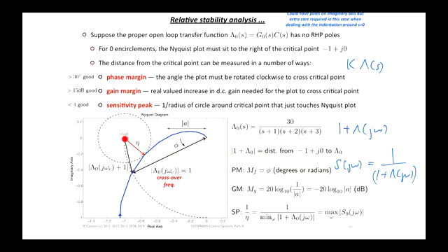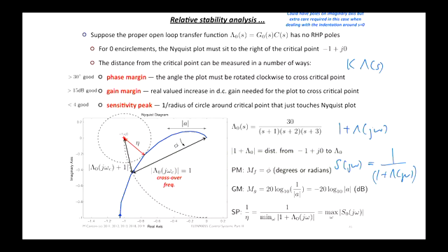So this little vector from -1 to here is 1 plus lambda at the corresponding frequency. So the magnitude of this is the magnitude of 1 plus lambda, right? And so we're identifying here the smallest that vector can be, right?